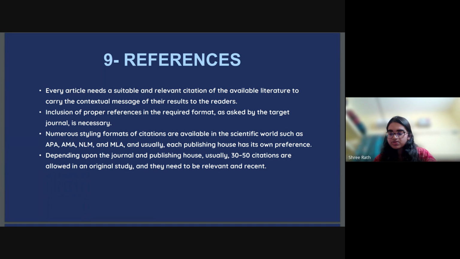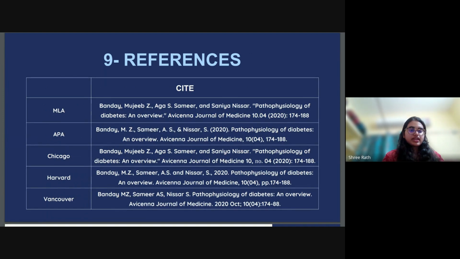There are some journals which keep a limit on the number of references they allow. Honestly, you'll have to see what the journal needs to decide the style and the number of permitted references. So this is again just giving you an overview of how different citation styles are different on their own.